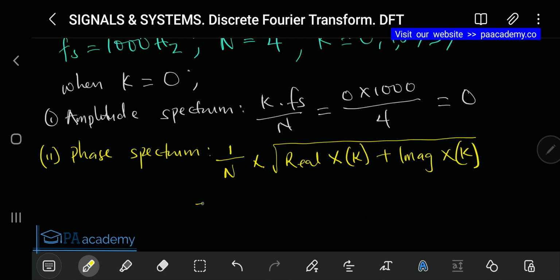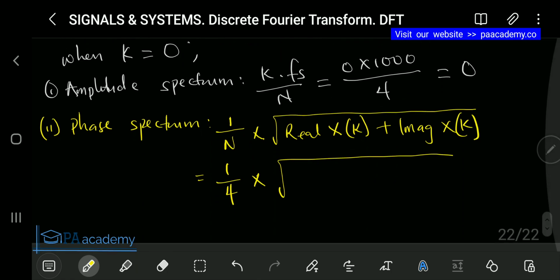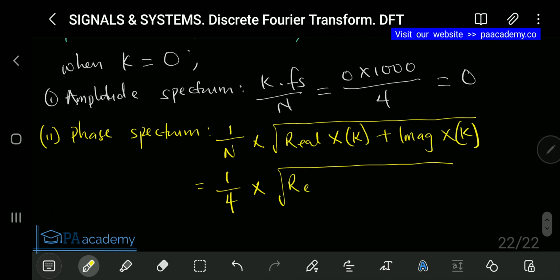So now let's put in the values. That will be 1 over 4 times the square root of the real part of X of k, or X of 0. Remember, we are dealing with when k is 0, plus the imaginary part of X of 0.